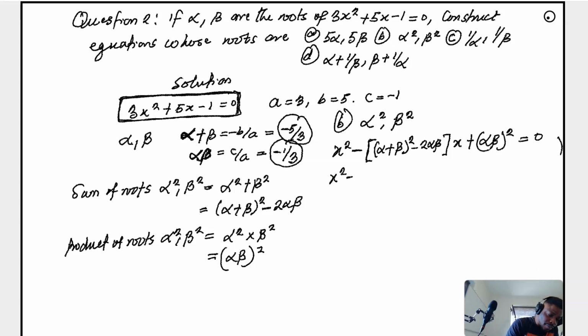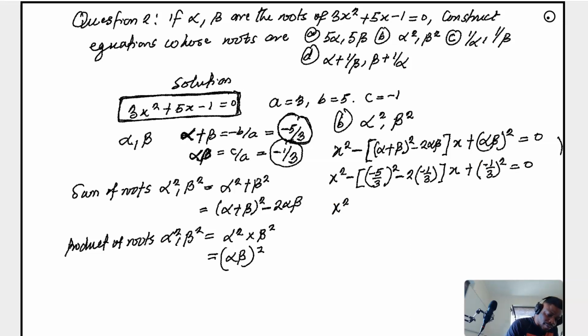So x squared minus, now what is alpha plus beta? My alpha plus beta, we have established that here as minus 5 over 3. So that is all squared, minus 2 bracket alpha beta, which is minus 1 over 3. This is x.